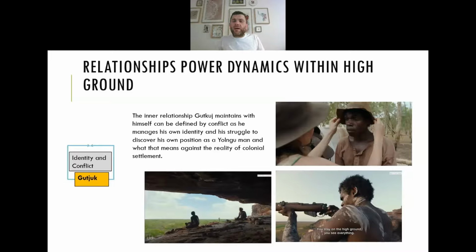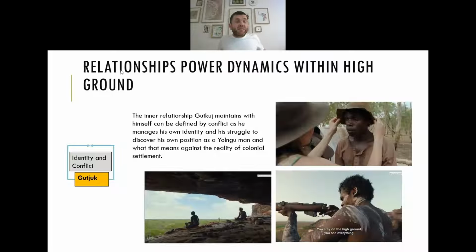He's trying to find who he is, where he fits in the world, and how he can best protect his people. So the inner relationship Gutjuk maintains with himself can be defined by conflict as he manages his own identity. We see this evident within the shot with Claire.